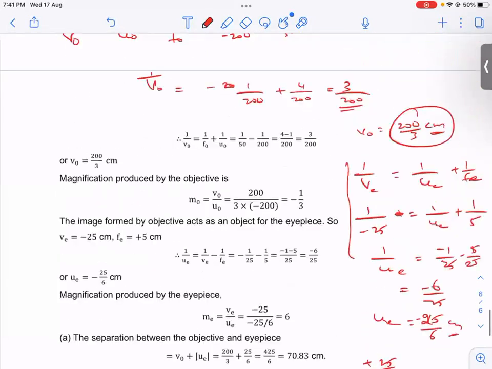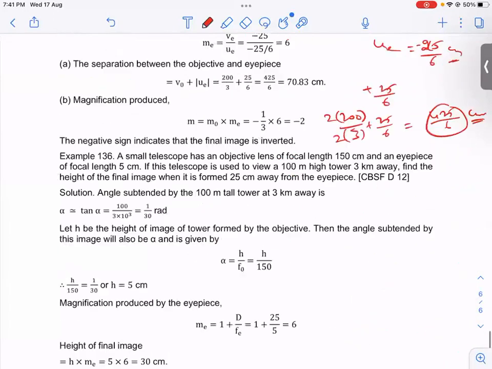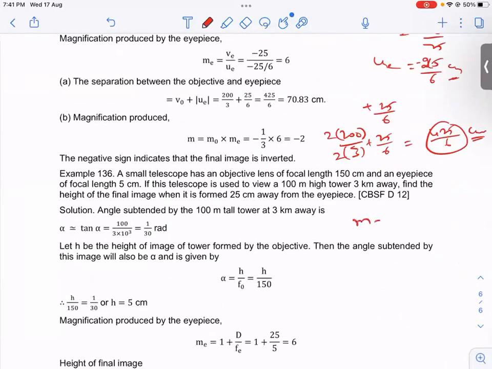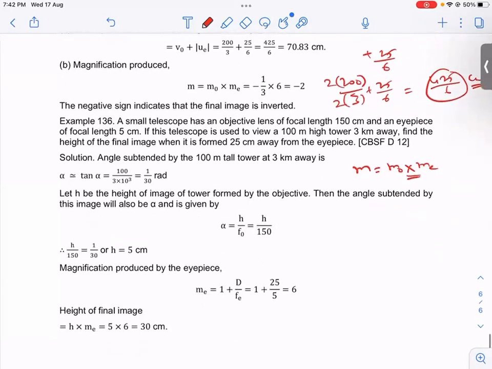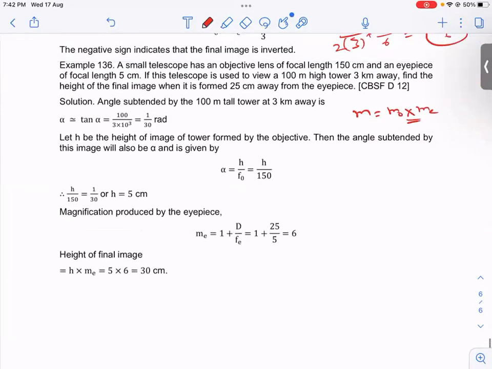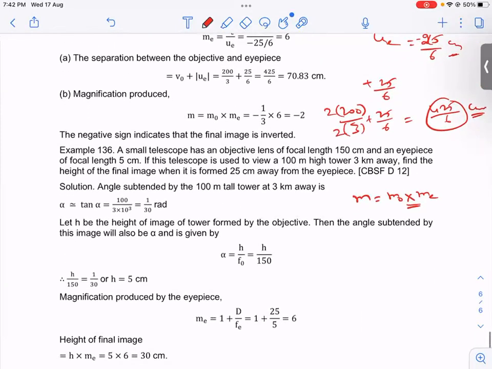Now what we need to do is calculate the magnification produced. So magnification is obviously the product of M naught and M_e. Do that, you will get the answer. Are you clear? Yes, sir.